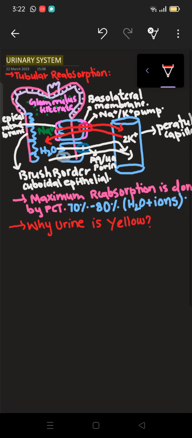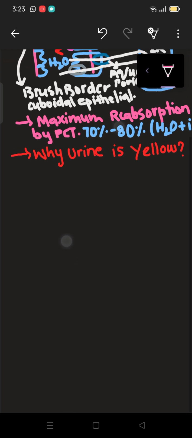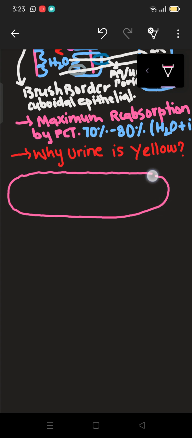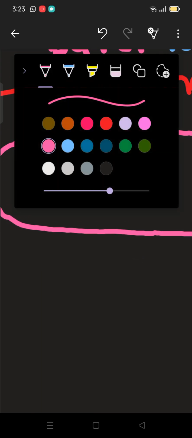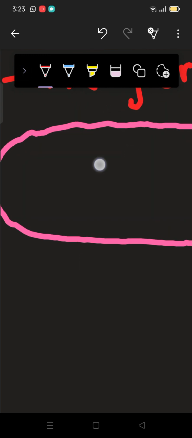So I think you people know about the spleen, which is the graveyard of RBCs or red blood cells. Alright, so I am going to make here the spleen, a big spleen. This is a spleen, and here I have RBCs.